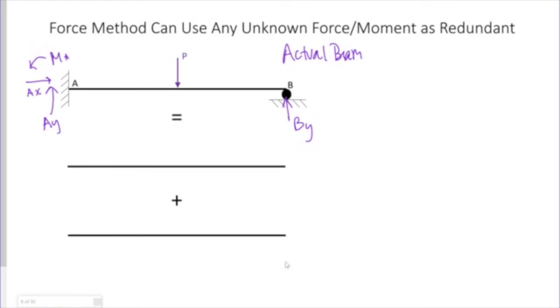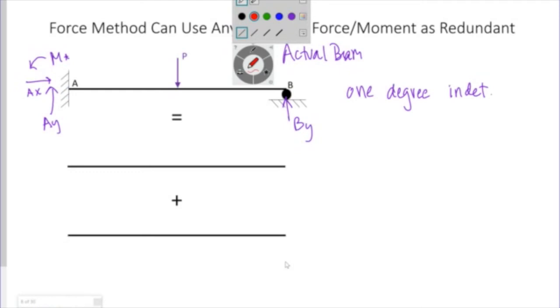And it is 1 degree indeterminate. So I chose to take away BY, but what if instead I took away that moment?